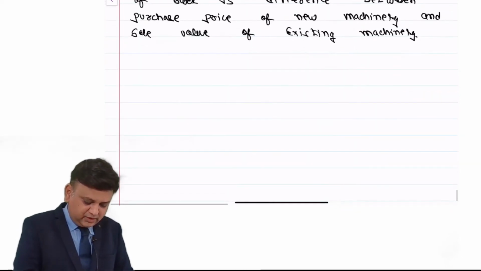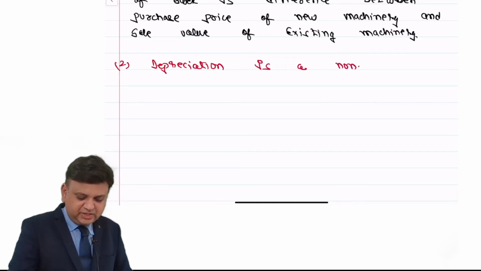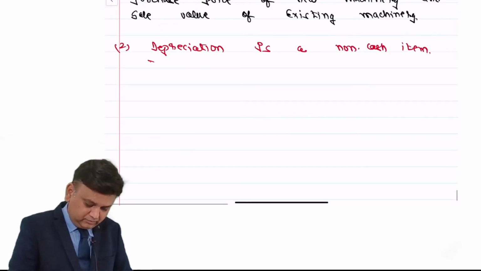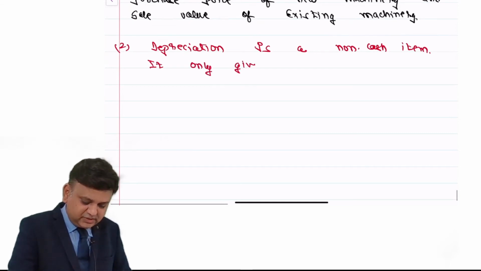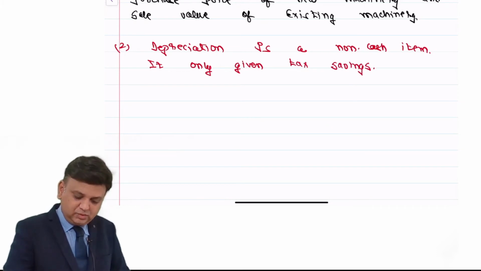Write down the second point. Depreciation is a non-cash item. Full stop. It only gives tax savings. Full stop.